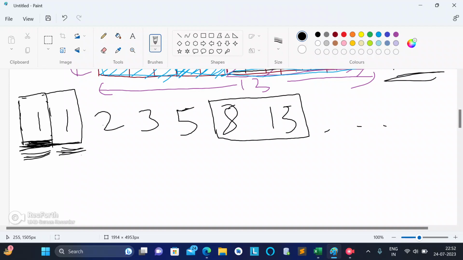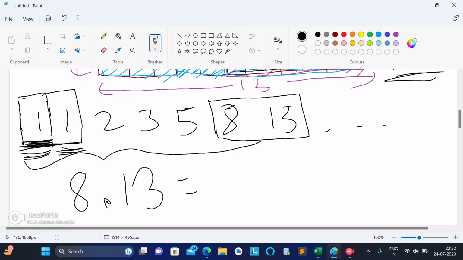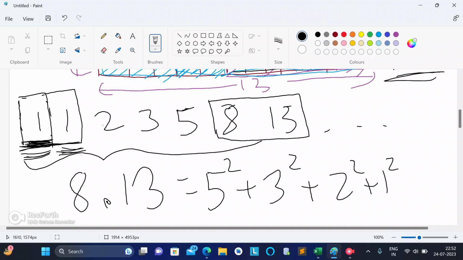And we can also observe that we have to use Fibonacci numbers only to make the squares, so it is obvious that we will use these numbers. And here is an important property. We can observe that 8 into 13, which is also the area of the rectangle, is equal to 5 square plus 3 square plus 2 square plus 1 square plus 1 square.